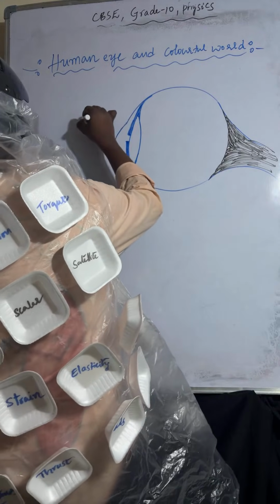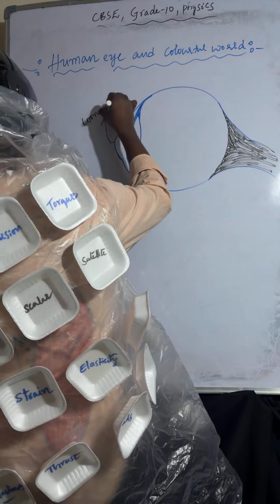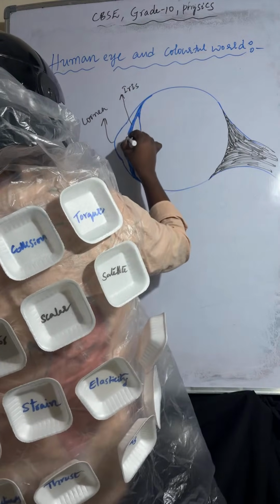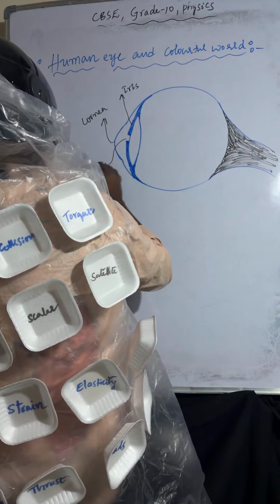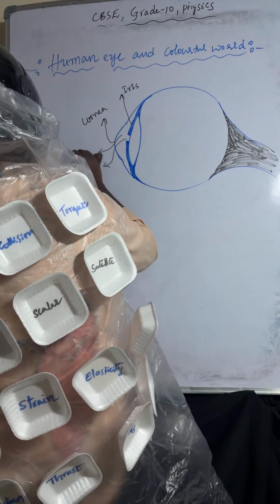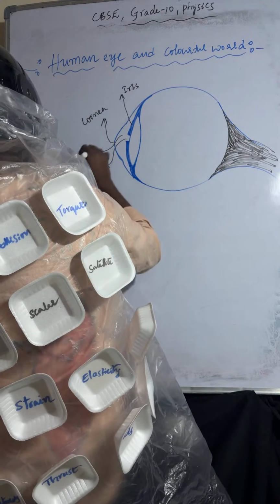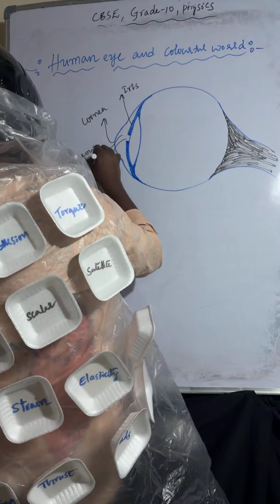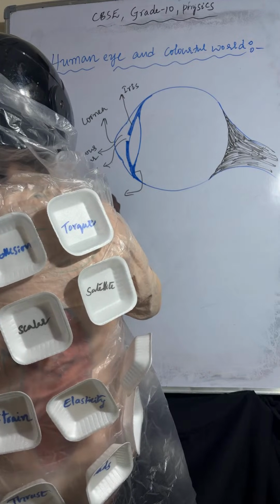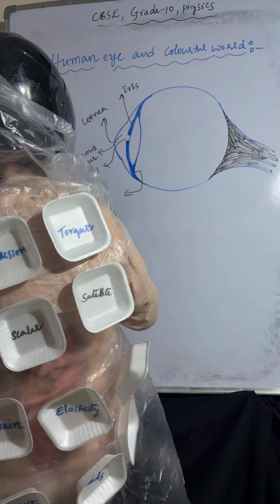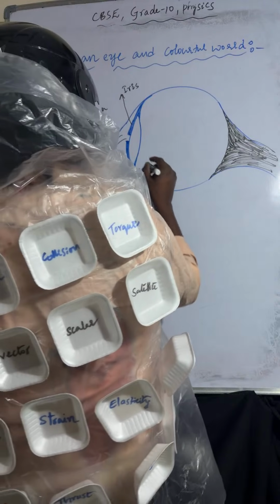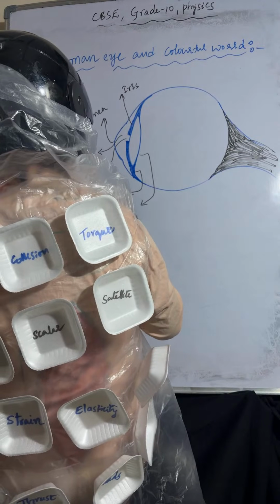This is the cornea, and here the iris. This one is the pupil, and this one is the aqueous humor, and next the ciliary muscles, and this one is the eyelids.